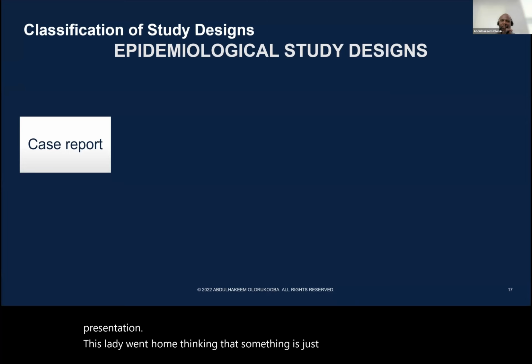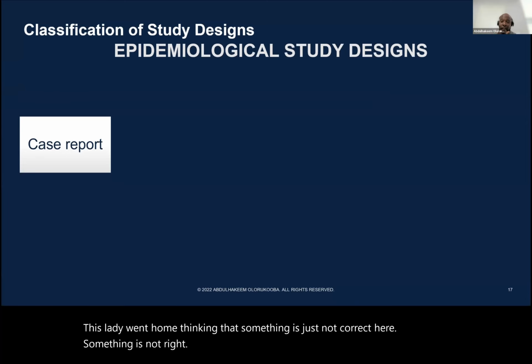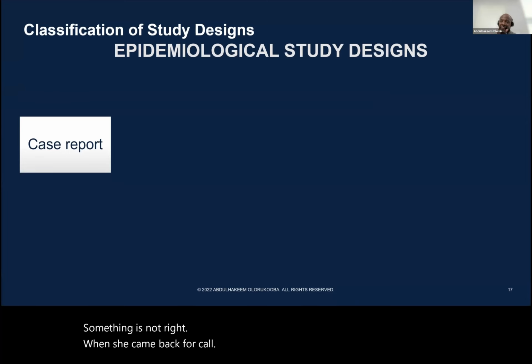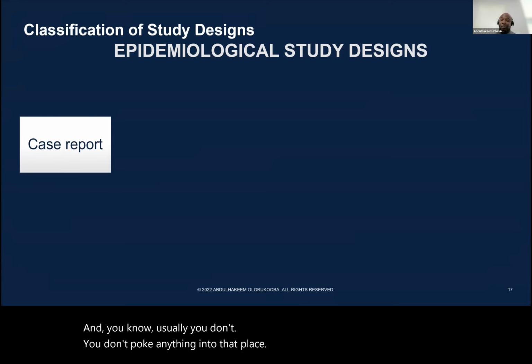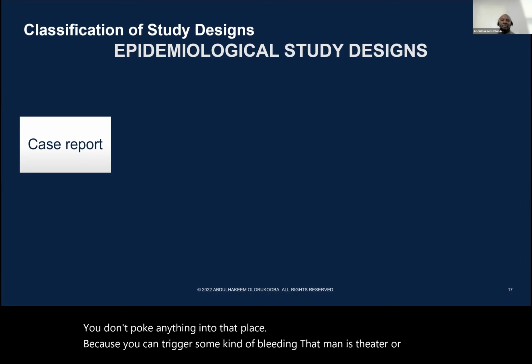This lady went home thinking that something is just not correct here. Something is not right. When she came back for call in the night, she looked at the case notes again and said, let her do some examinations. And usually there's bleeding, vaginal bleeding, all this kind of stuff. And usually you don't poke anything into that place because you can trigger some kind of bleeding that, man, it's theater or else there's trouble.